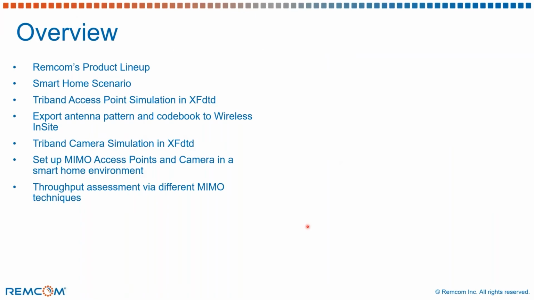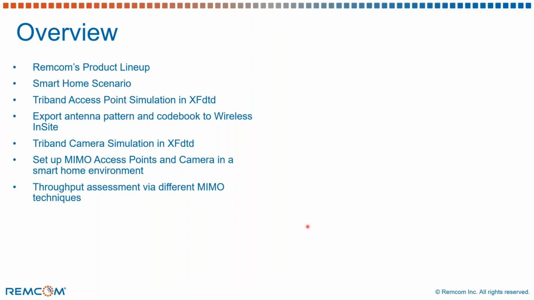So to start off, I would like to give you the overview of today's presentation. First, I will be covering Remcom's product lineup, and from there, give you a peek into the smart home scenario that we'll be looking into and simulating in both XF and Wireless InSite.